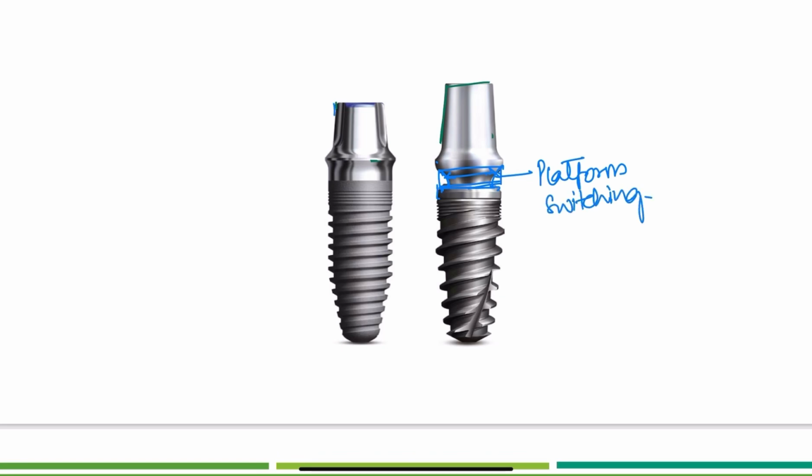In the case of platform matching, the diameter of the abutment is similar to the diameter of the connection. See here, this is the diameter of the connection and this is the diameter of the abutment. So this is called platform matching.